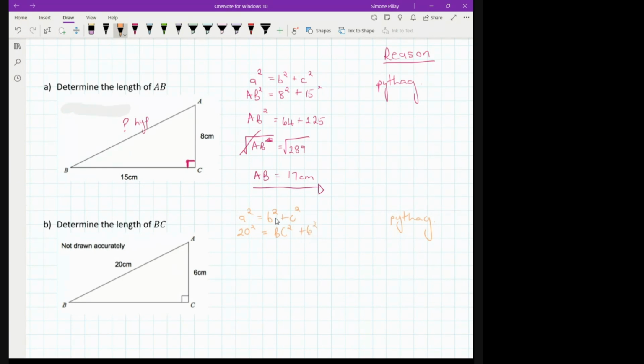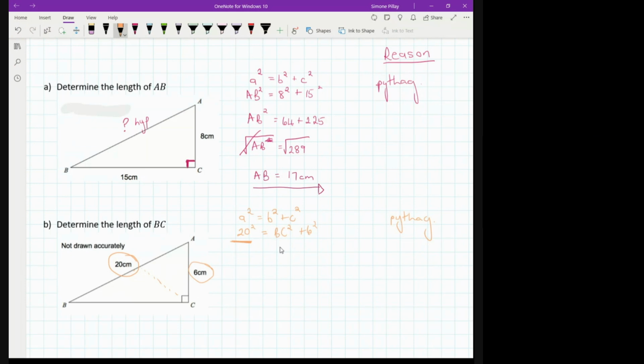So what Uma did is he said this is my hypotenuse, not because 20 is bigger than 6, but because from my three sides in the triangle, I don't have all of my lengths, so I can't say which side is going to be the longest. But I can say this is the side opposite my right angle, and that is why we substitute 20 on this side.